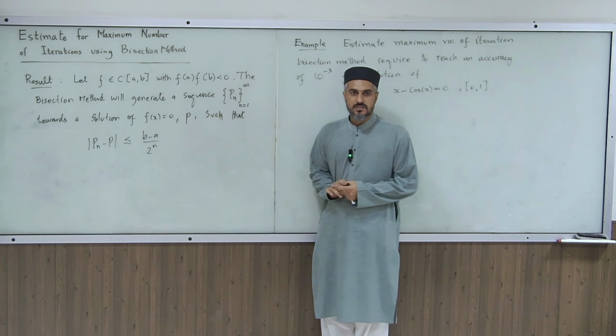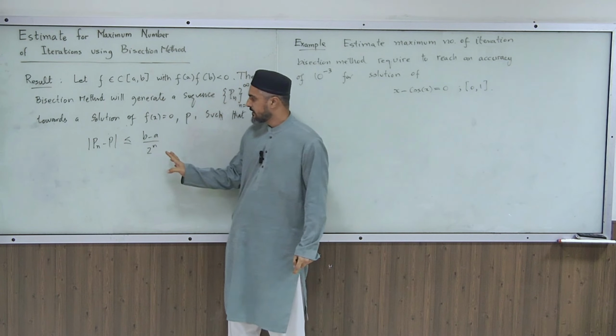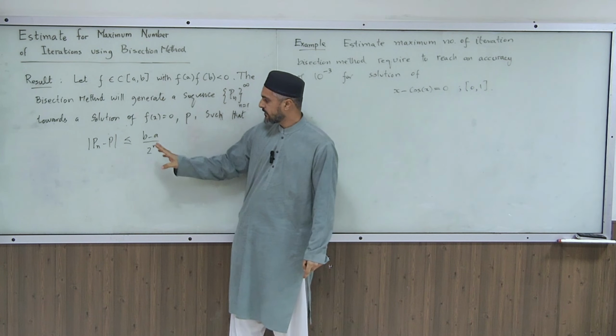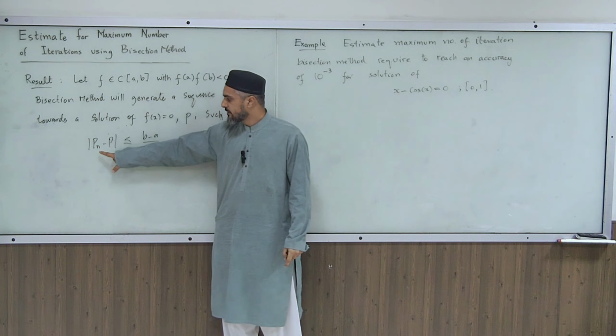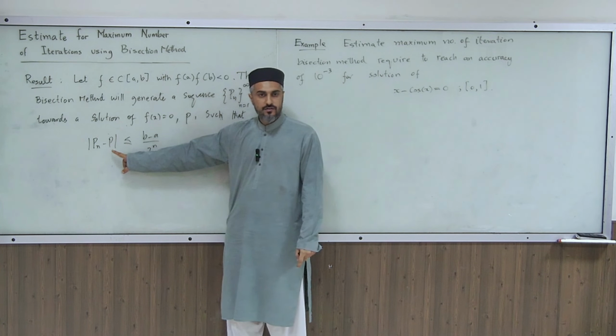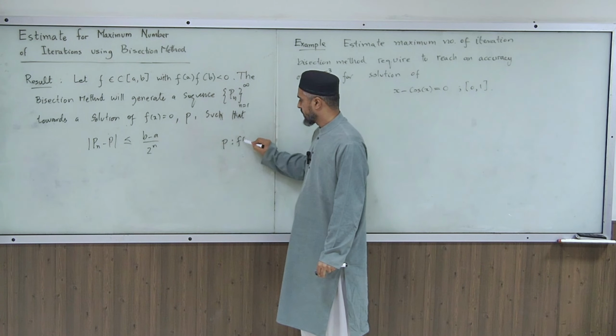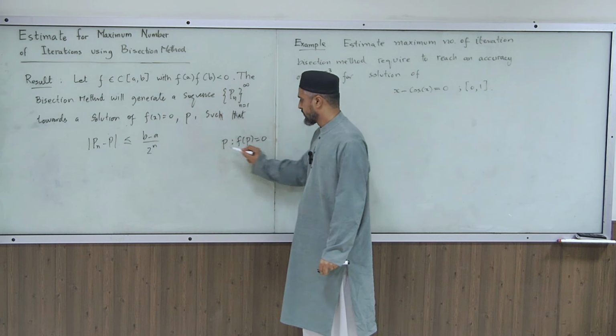Let's first try to understand the variables we have. p_n is a sequence. p is a point where the function is 0.